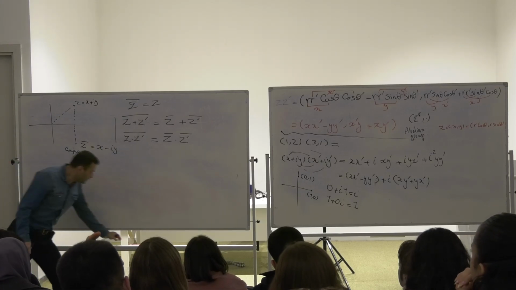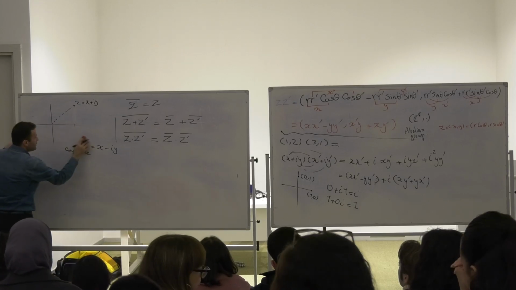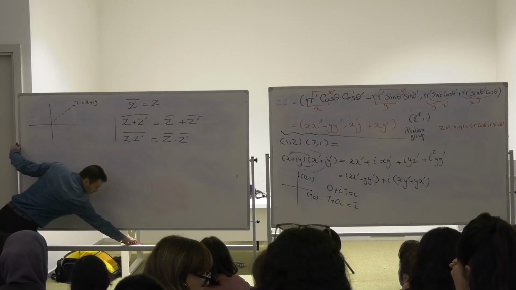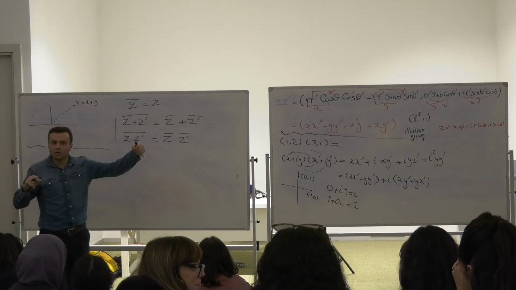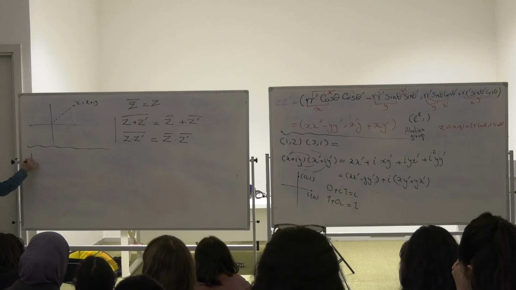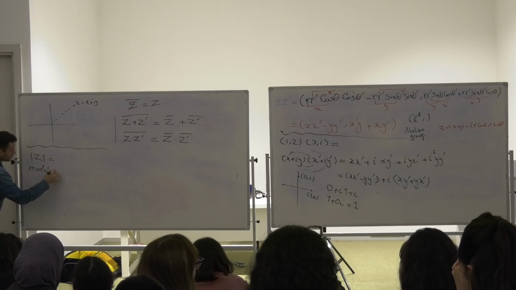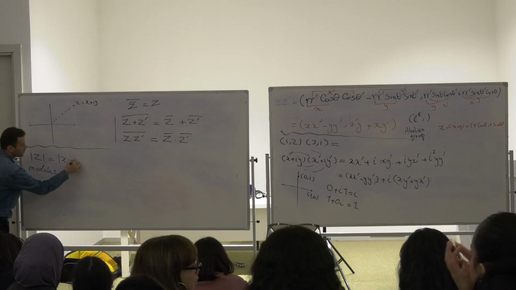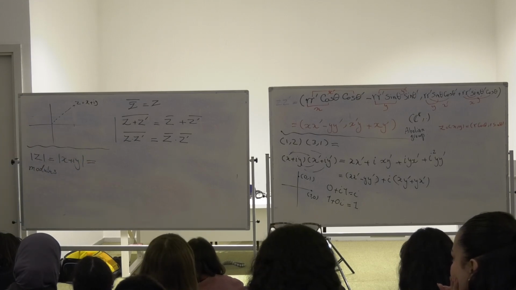One other thing is that we have defined absolute value for real numbers. But what about complex numbers? What about the absolute value or modulus of a complex number? How are we going to define it?